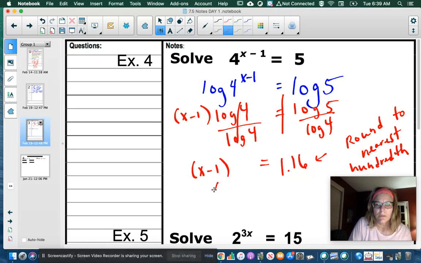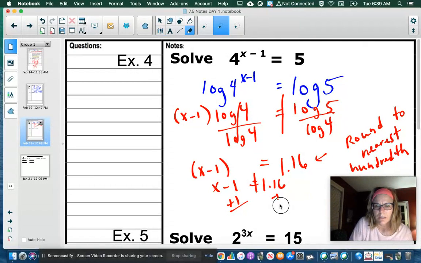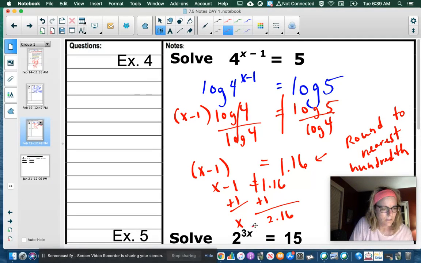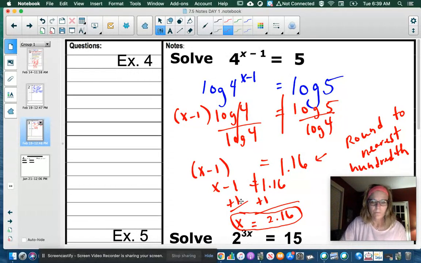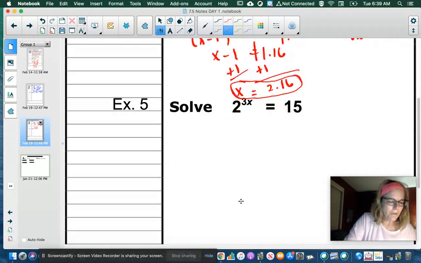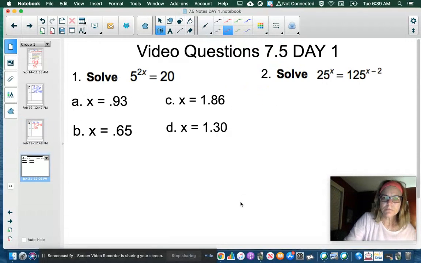All right, well, I don't need the parentheses anymore because I didn't have to distribute it to anything. Add 1 to both sides. 2.16 equals x. There we go. I'm saving example 5 for class.